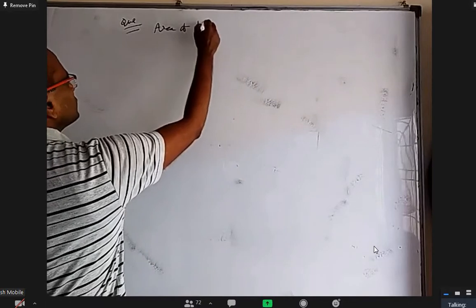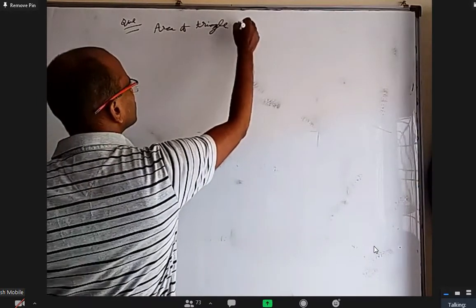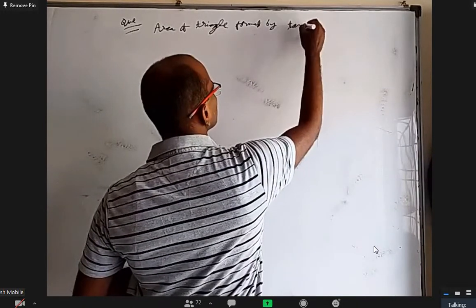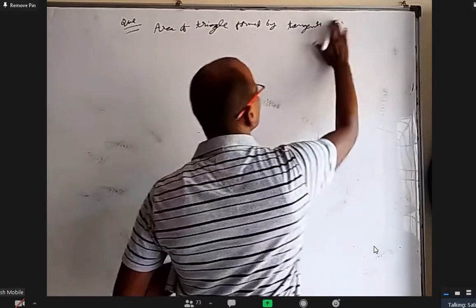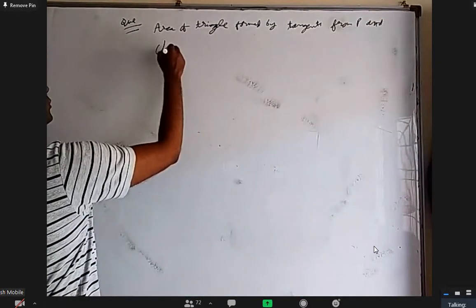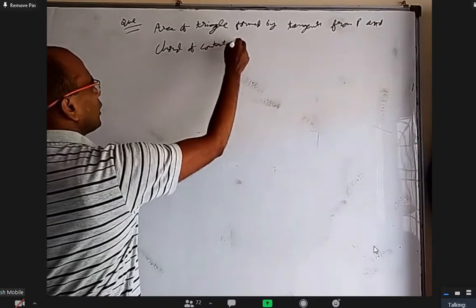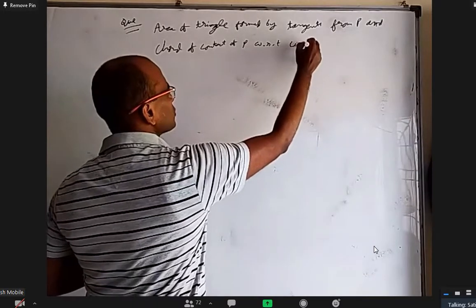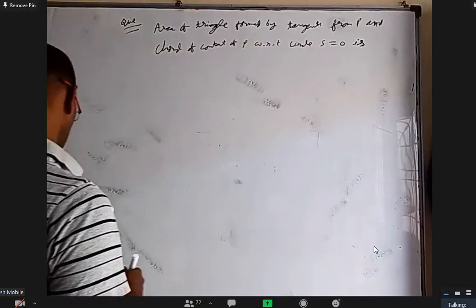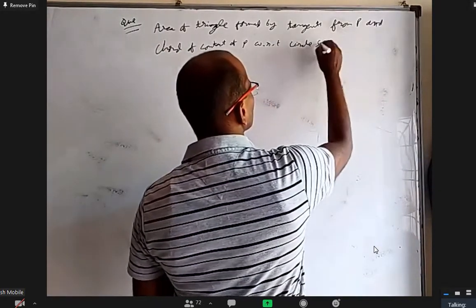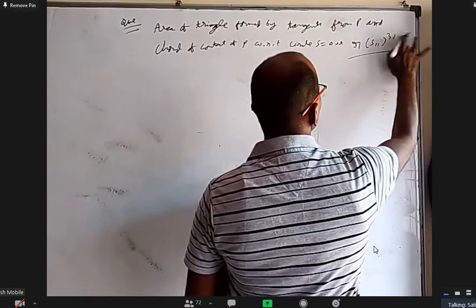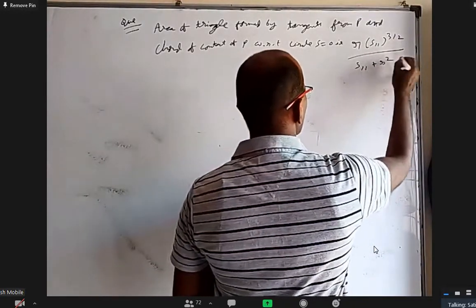Area of triangle formed by tangents from P and chord of contact of P with respect to circle S equal to 0 is R into S11 whole power 3 by 2, by S11 plus R square.